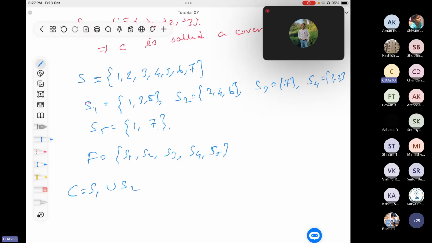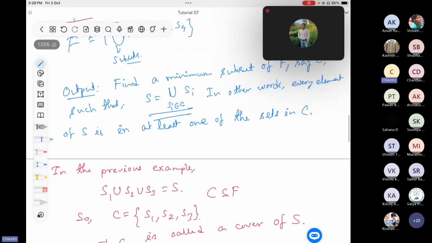Now if you look at the question carefully, it asks for finding the minimum subset. So finding any C is not the solution. We need to find the minimum.